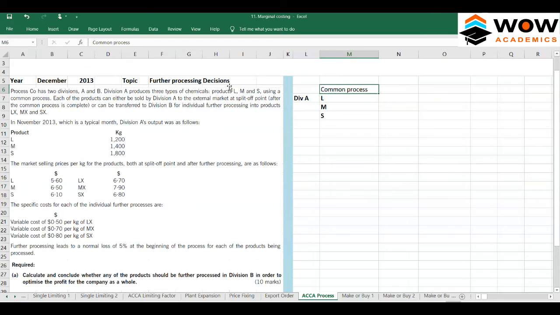Each of the products can be either sold by division A to the external market at the split-off point, as L, M, and S, or they can send all these products to another division called division B. In division B, it will be further processed.